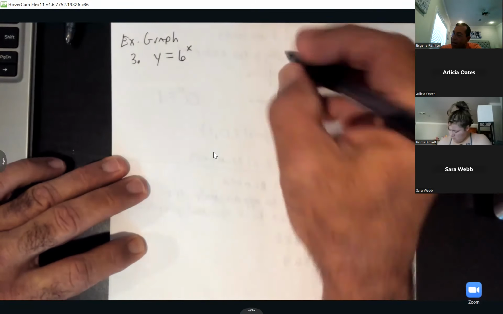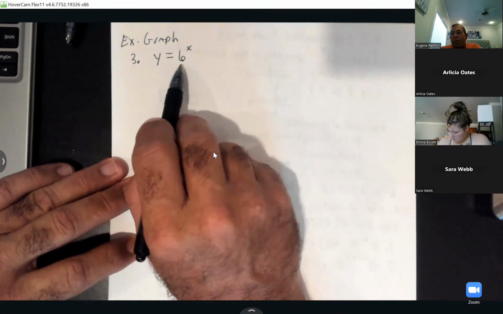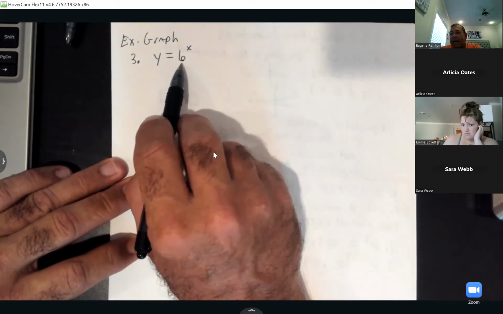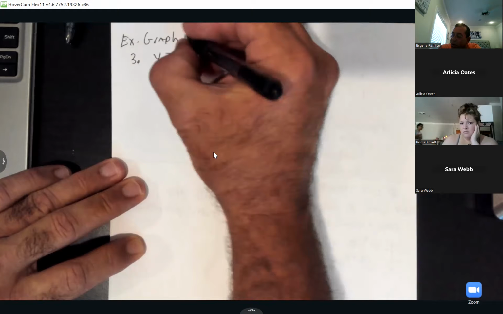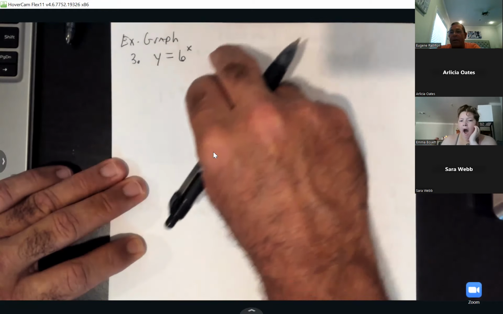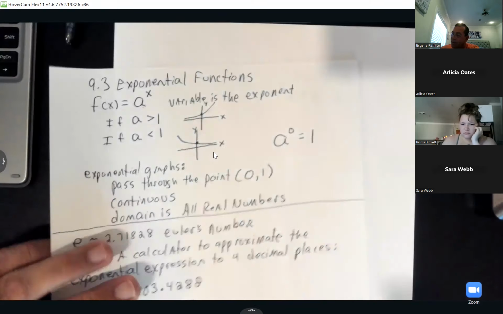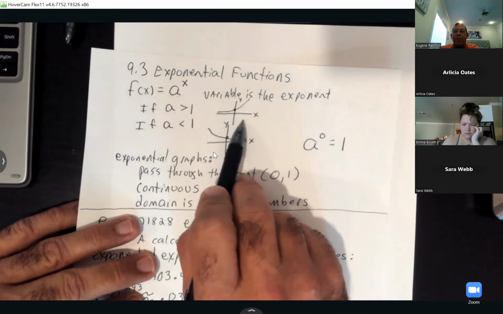Now I'm going to do this by hand. Now we know what this is going to look like, remember? Since that a is greater than 1, remember this graph should go uphill left to right. That'd be an example of this one when I was showing you a while ago.